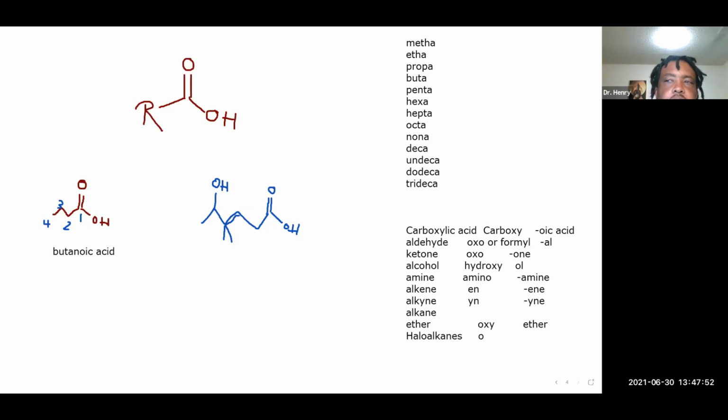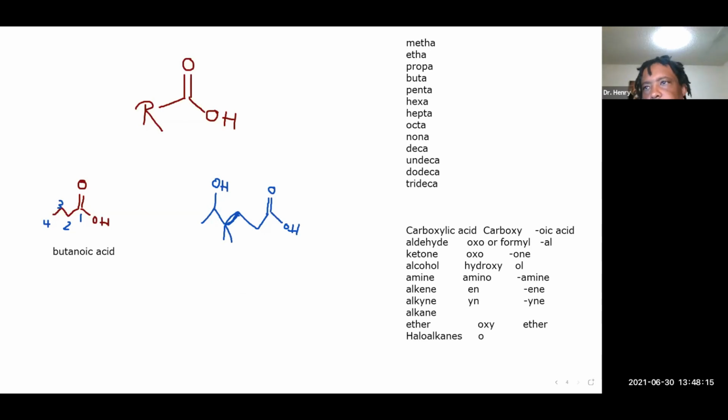Okay. What about this guy? That's a double bond. Isn't pretty, but it's a double bond. Okay, I hear hepta.